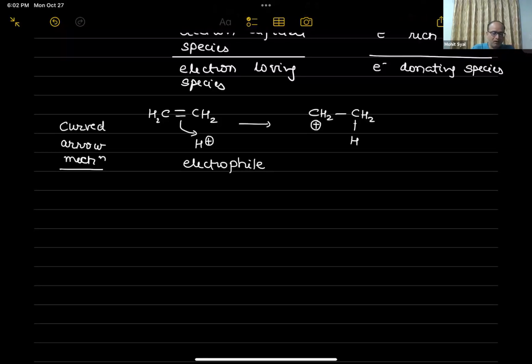And the pi bond of this double bond has behaved as a nucleophile because it has given its electrons. The electrophile will temporarily pull the pi electrons towards itself, and that is known as the positive electromeric effect.